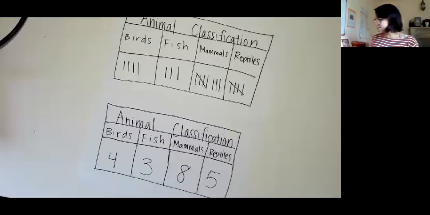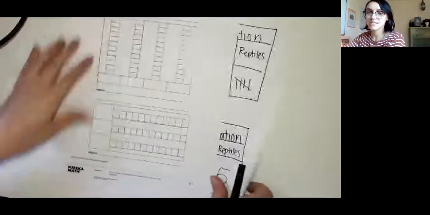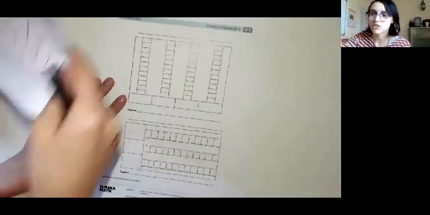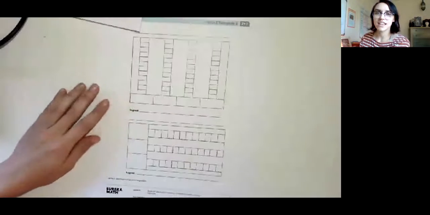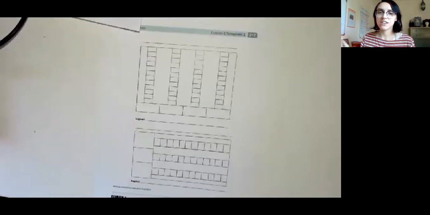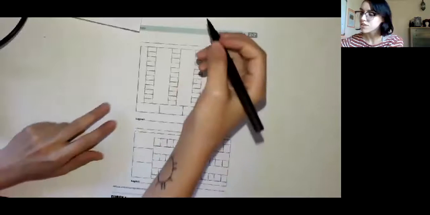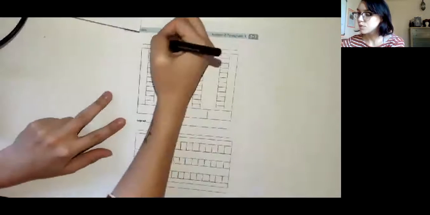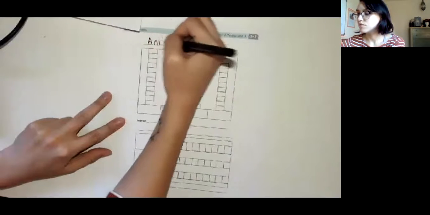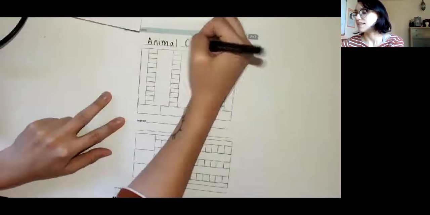Okay, sharing my screen with you again. First, let's practice with a picture graph. This is what we're going to use to make our picture graph. The first thing that our graphs are going to need is a title. What is this all about that we've been working on? We've been working on animal classification.